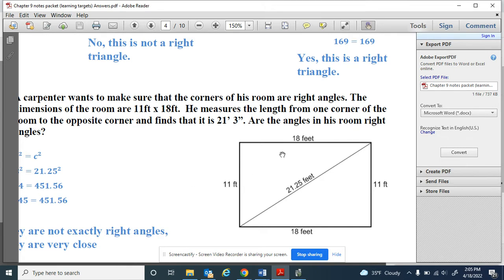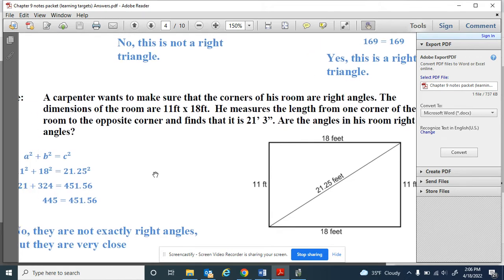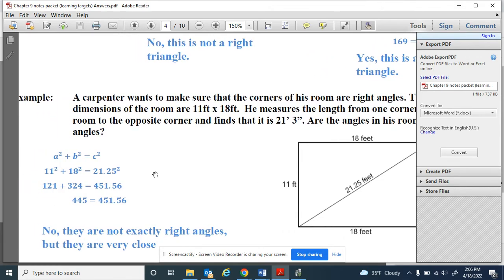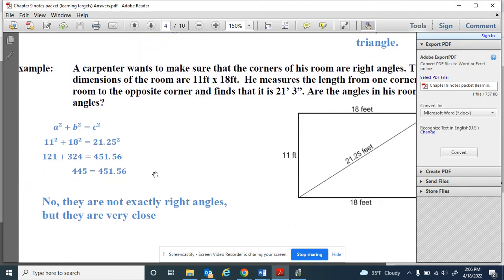So here they have 11 and 18, and the middle diagonal is 21.25. So they'll plug in their numbers, 11 and 18, and 21.25. So squaring 11 takes us to 121, squaring 18 takes us to 324, and squaring 21.25 takes us to 451.56.